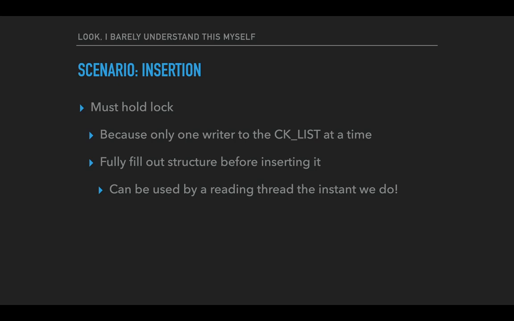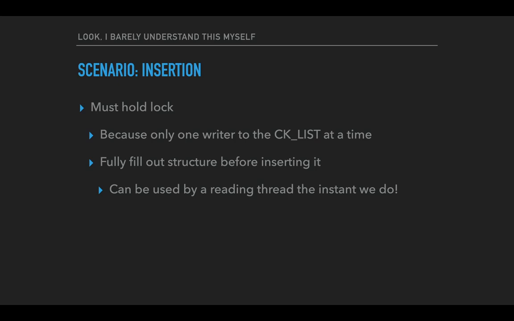Because if we did it in another order, if we left it empty and we inserted it into the list and only then wrote to it, it would be possible for another core to see the new entry, read the MAC address, which would not be complete, which would be zeros or random data, or even worse, look at the pointer to the interface that it needs to send out of.